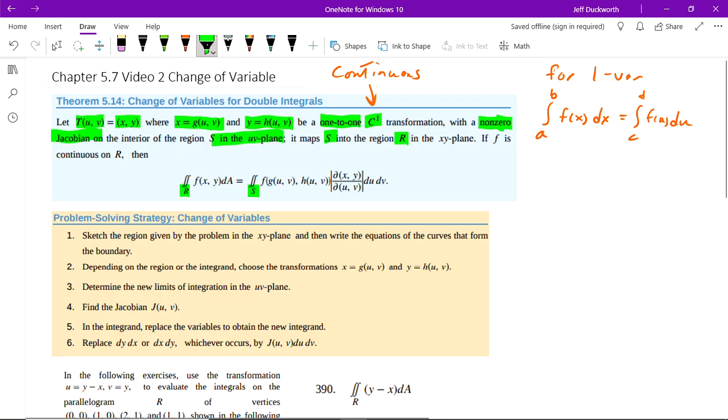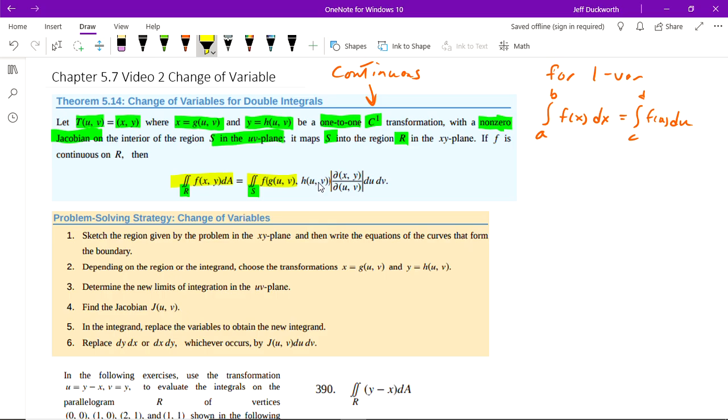So this is our original function with a relation of x and y with some dA area. And we're going to convert that to our f there.